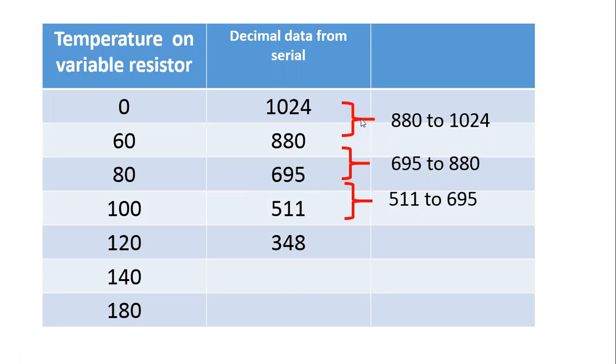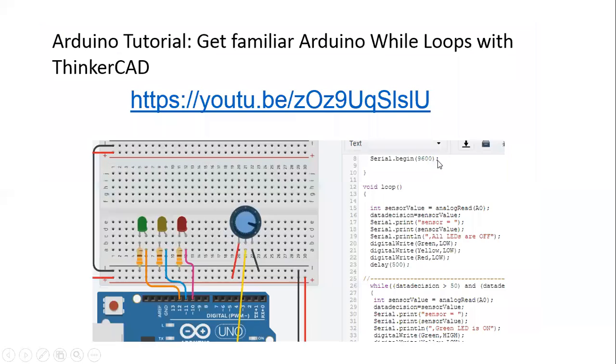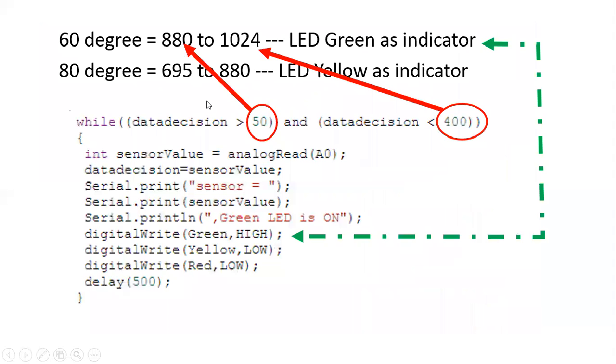So this means that between 880 and 1024, if my decimal number is in between these values, then that is control under 60 degrees Celsius. And this also, in between these values, you control at this degrees Celsius. All right, this is from the past lesson, the previous YouTube lesson, you can see from that.